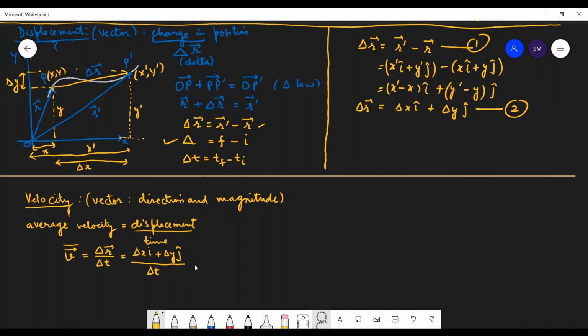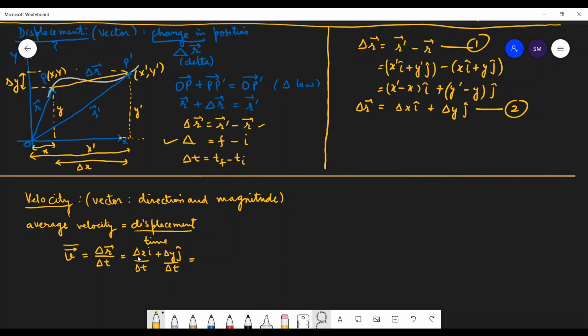Now this delta t can be distributed below delta x and delta y. This is the displacement along the x-axis in time delta t, and displacement along the y-axis in delta t time.